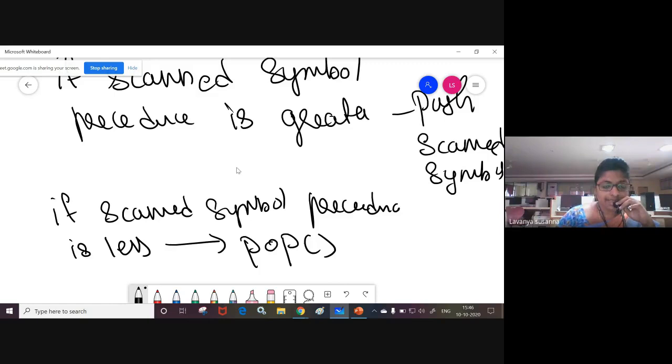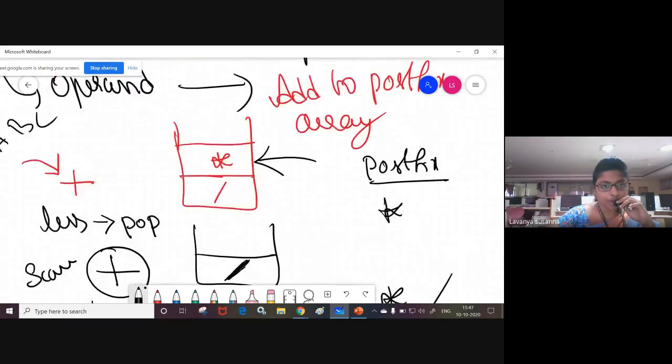Pop, and after deleting, compare again the precedence of the scanned symbol with the precedence of the operator present in the stack. Here plus precedence is less than star, so you pop.